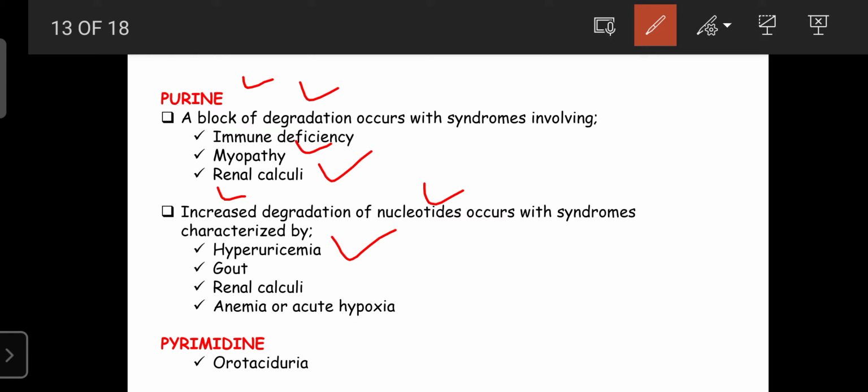That uric acid accumulates in the joint, causing inflammation or blockage of the joint. That condition is known as gout. As uric acid increases in the kidney, it forms kidney stones, which are responsible for renal calculi.